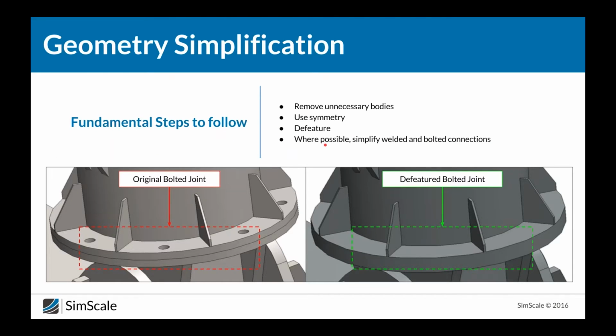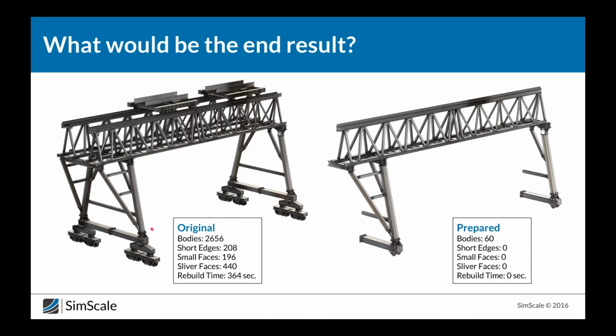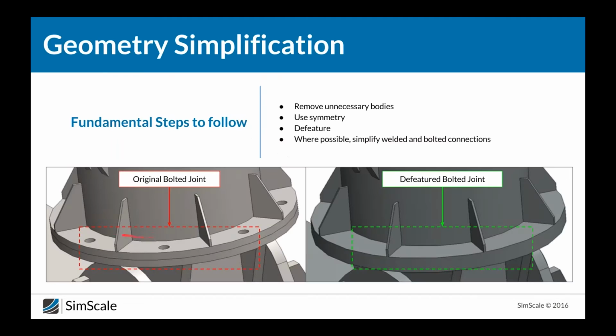So the next step is to then go into the defeaturing process, and defeaturing is really just removing any geometry that is not structurally significant. So in this case here, we're looking at this joint down here where this column meets another member at the bottom, and that's a bolted joint. Here you can see there's the bolt holes, and there's two plates that are sandwiched together.